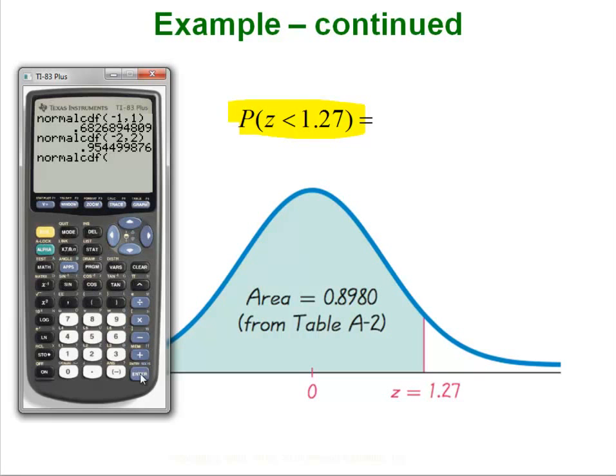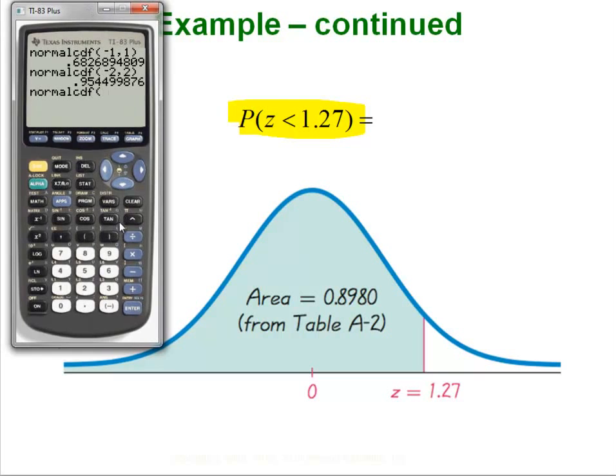That's really easy, because all you have to do is set the lower, because this wants lower and upper. You just want to set the lower to be basically off the charts, as far as it can go below. So just do negative 1,000 and then comma 1.27.